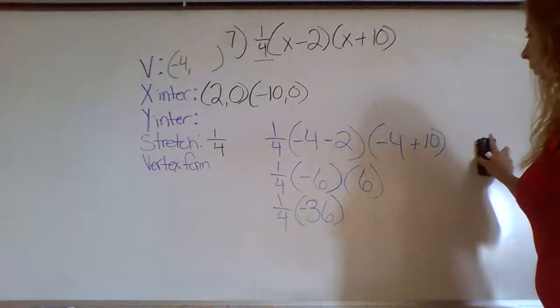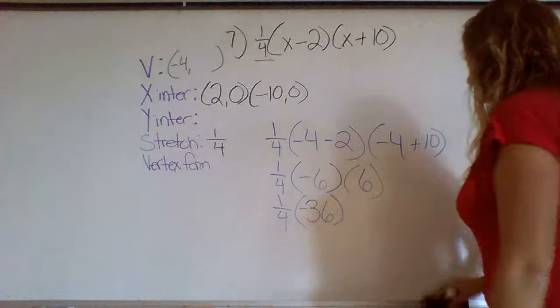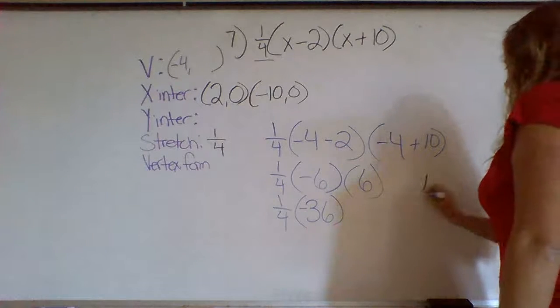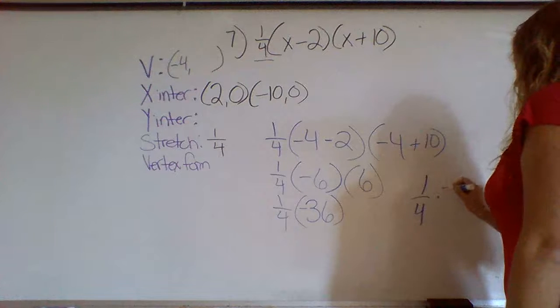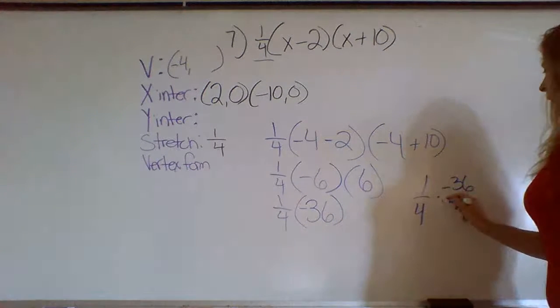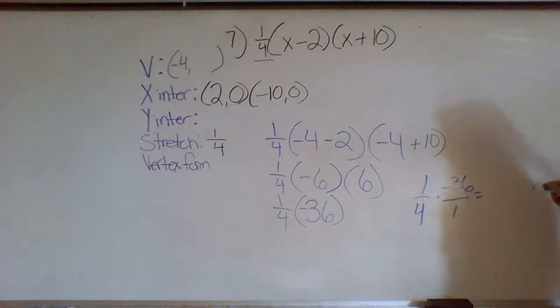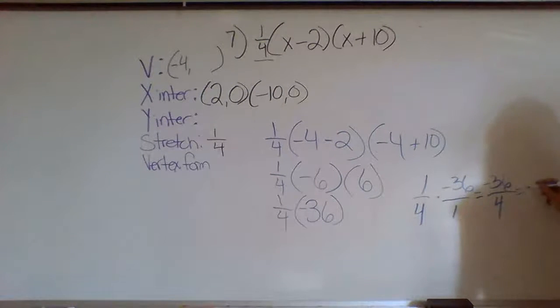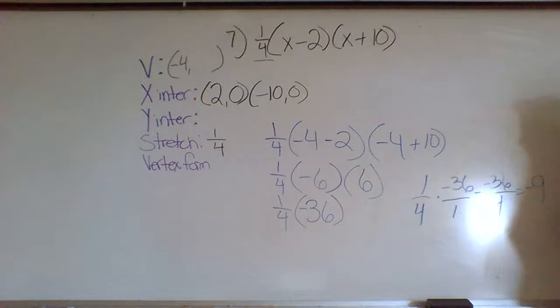I have 1/4 times -36. You can throw that -36 over 1. 1 times -36 is -36 over 4. Whew, my brain is not working. That took me a while.